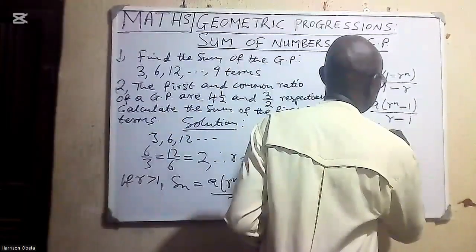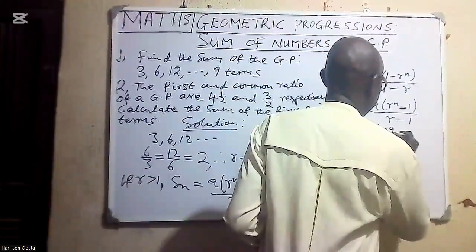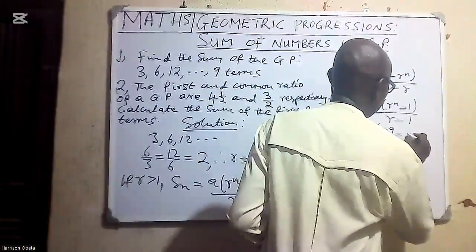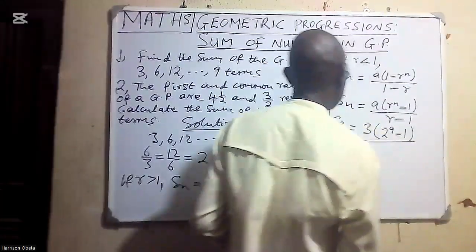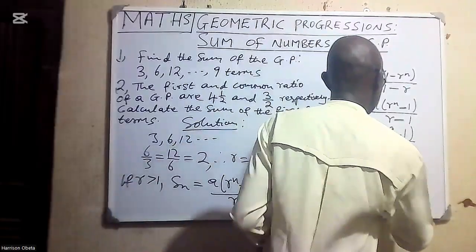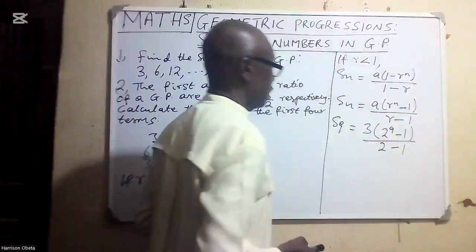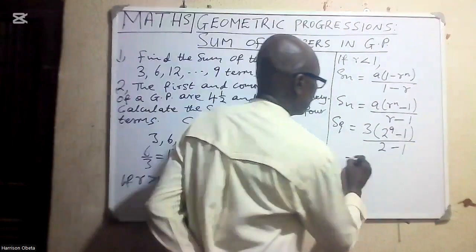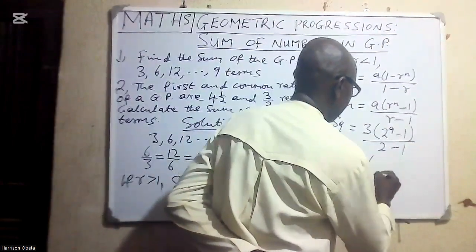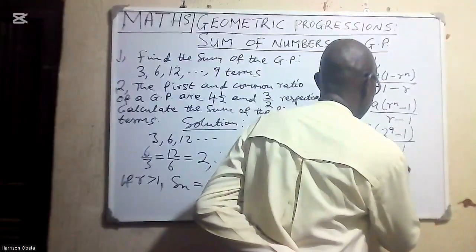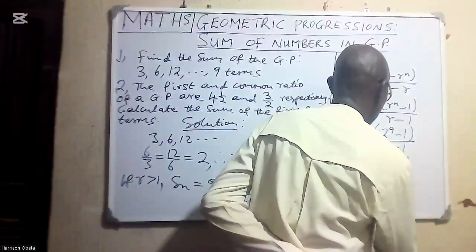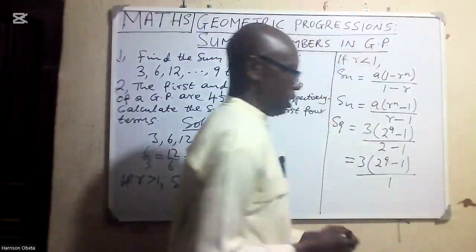Then brackets 2 raised by 9 minus 1 all over R minus 1, which is 2 minus 1. And then to continue, we have 3 brackets 2 raised by 9 minus 1 all over 1 now.